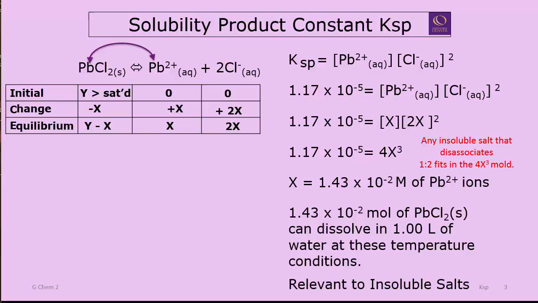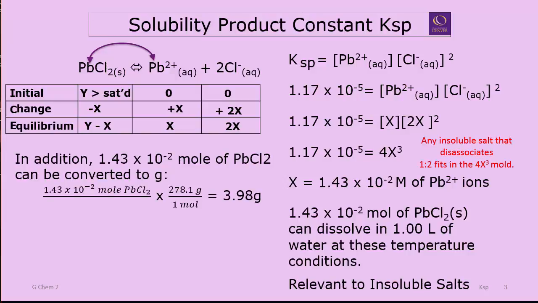If you want, and this is only relevant to insoluble salts, if you want to express it more in terms of grams per mil, so you can think of how soluble lead 2 chloride is in water, you could start off with your molar solubility, okay? And you multiply it by the molar mass of lead 2 chloride, and it'll tell you that 3.98 grams would dissolve in a liter of water.